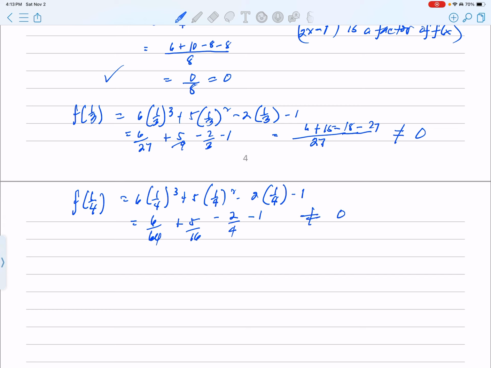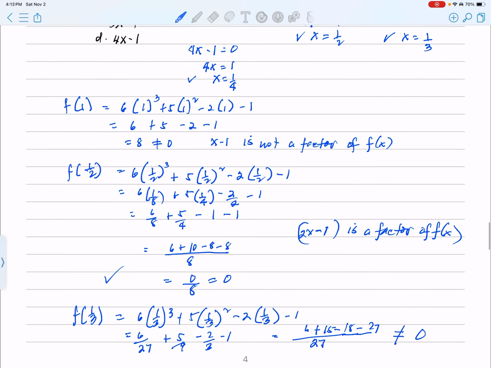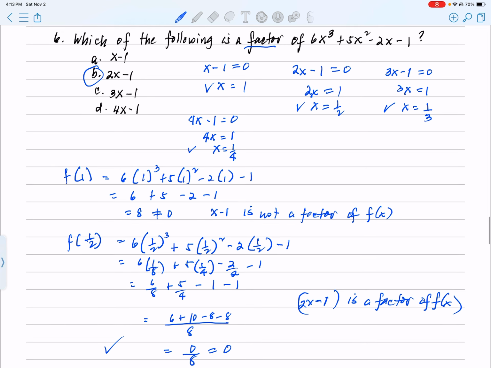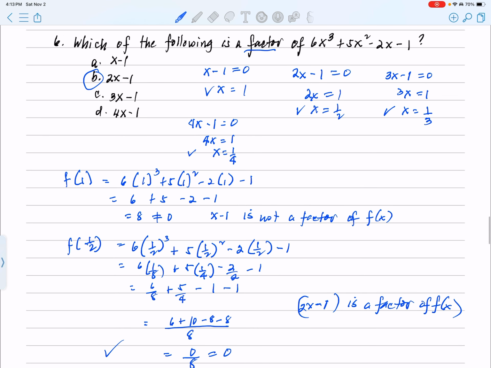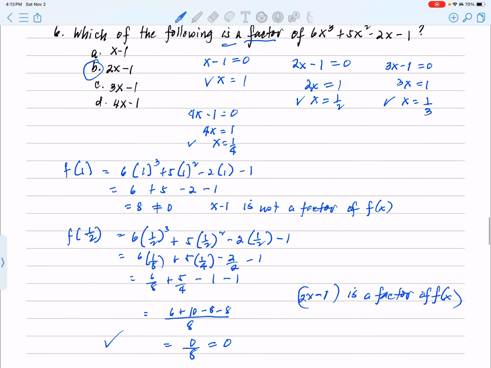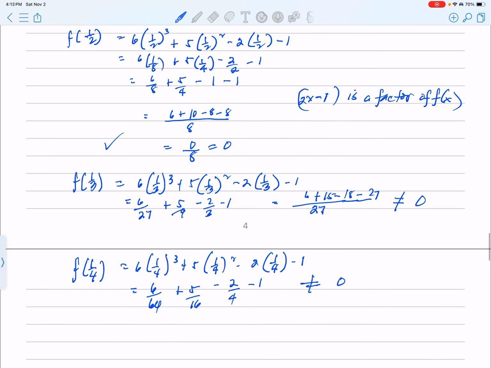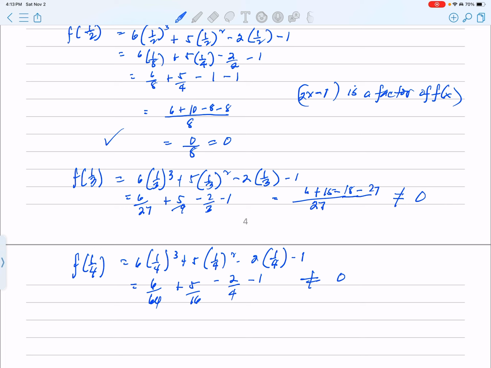It's very visible. And you found the answer already in the choices. It's not even asking how many factors there are, just which is a factor, so you have only one. But we are just checking if some answers will come out. Actually, the way we see it, when we substituted the value, it's not equal to 0.